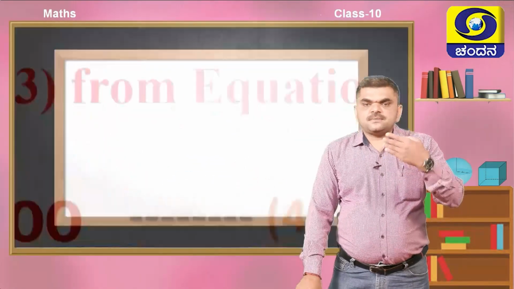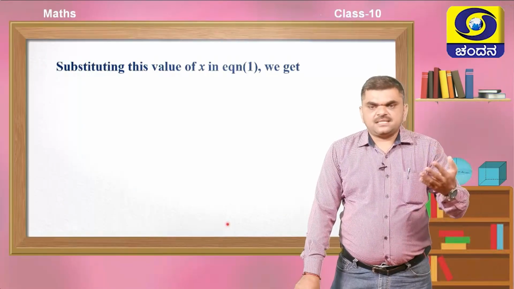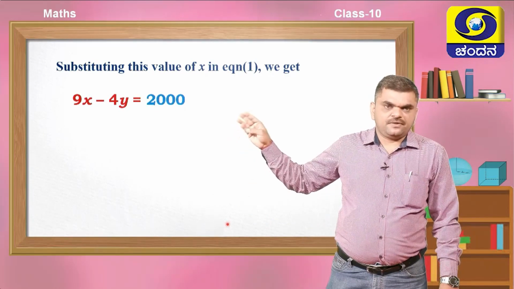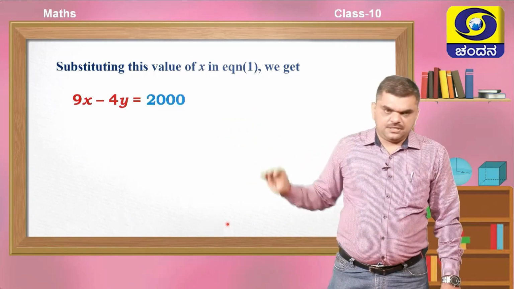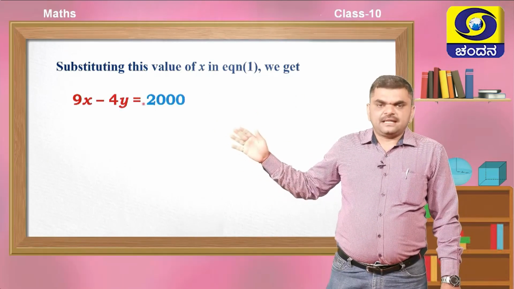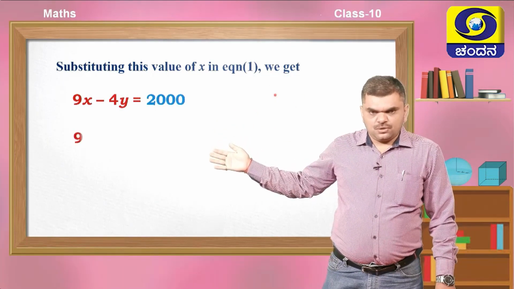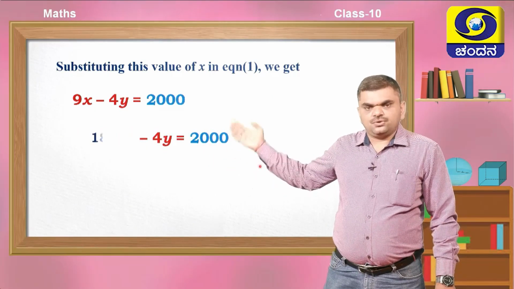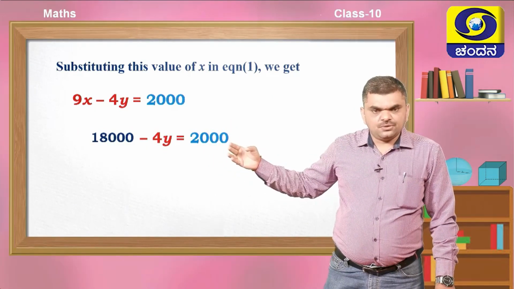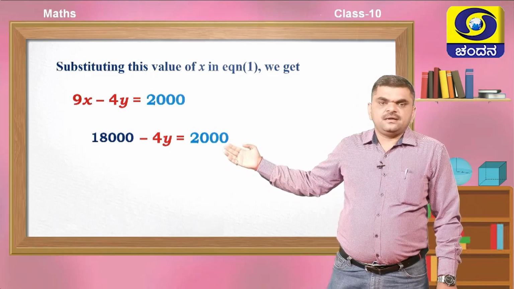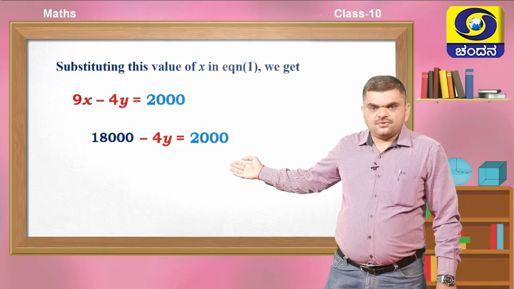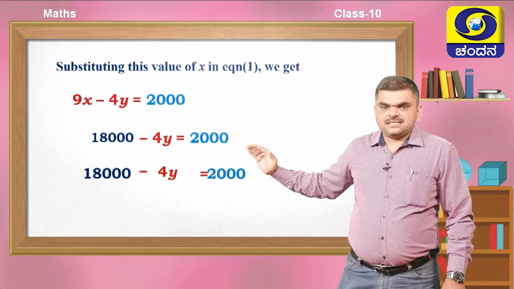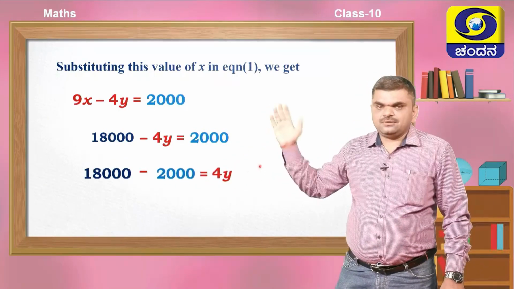Now, substitute the value of x in either equation number 1 or equation number 2, so that we get the value of y here, children. So, 9 into 2000 minus 4y is equal to 2000, that is 18,000 minus 4y is equal to 2000. I will send 4y to the right side and 2000 to the left side.